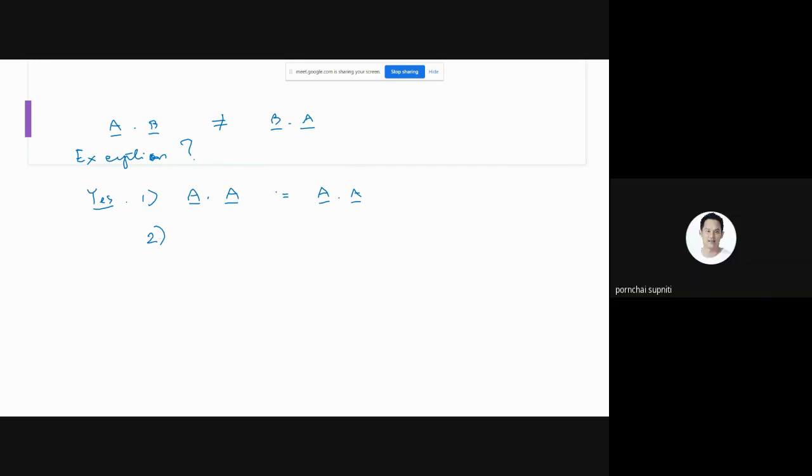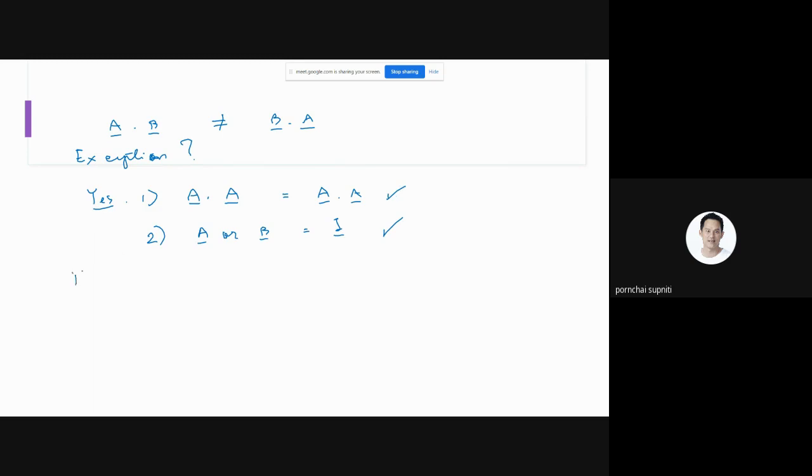If A or B is an identity matrix. That's true. If A or B is equal to the identity matrix, yeah, that's true. Okay, the first one, I don't know whether it's counted, but it's very interesting.